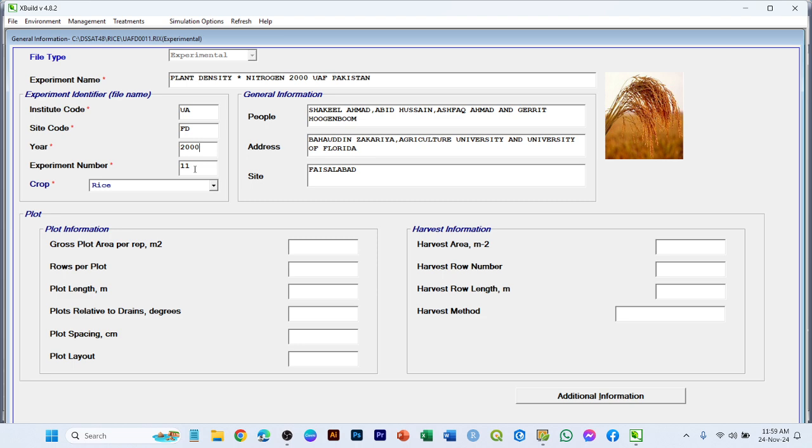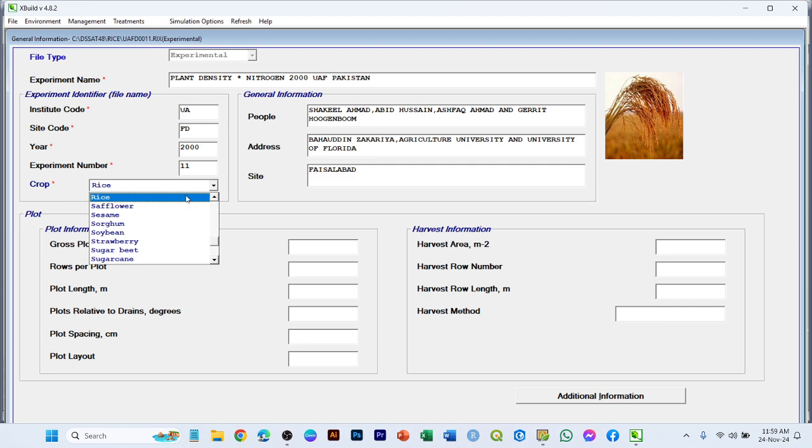Clear? Crop: rice. You can choose a different crop. This is the list of crops. If you scroll down, this is the list of crops over there.